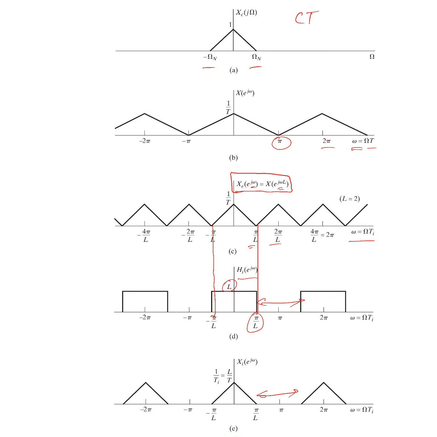That's why we have used this low pass filter, because we want to ensure that the signal should expand. So this example shows that the block diagram we had seen earlier does indeed give an output satisfying xi of n as xc of n Ti.